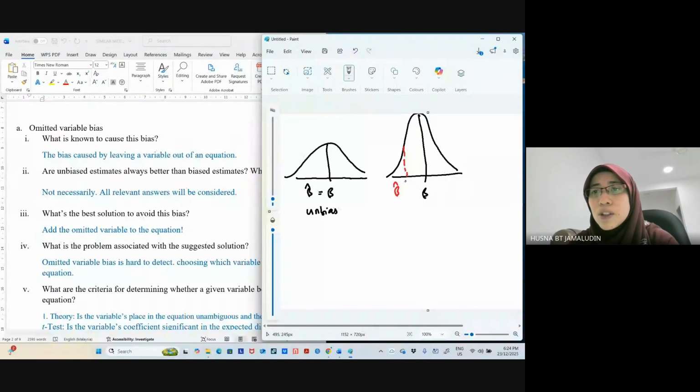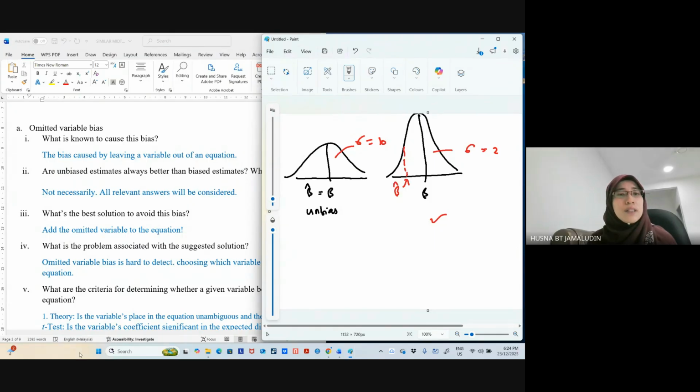But in terms of the variance, because it's very narrow, the variance could be, for example, 2. The unbiased one, because it's a bit flatter, the variance could be maybe 10. So in terms of unbiasedness, of course, it's good that you are able to estimate the true beta. But in terms of the variance, the second one is better because the variance is actually smaller.